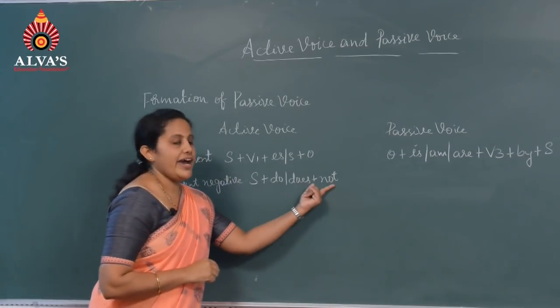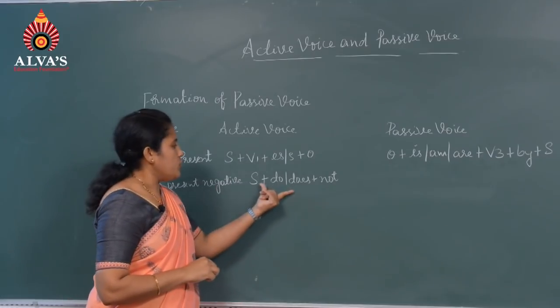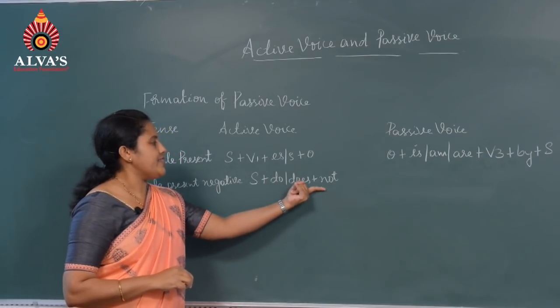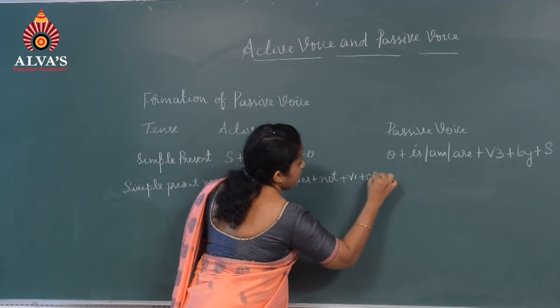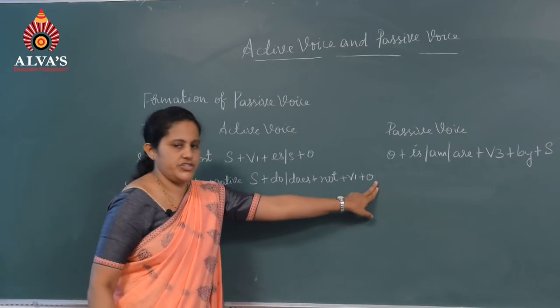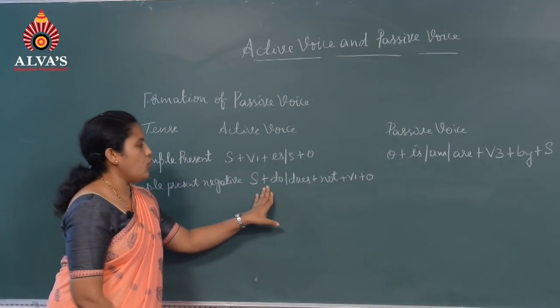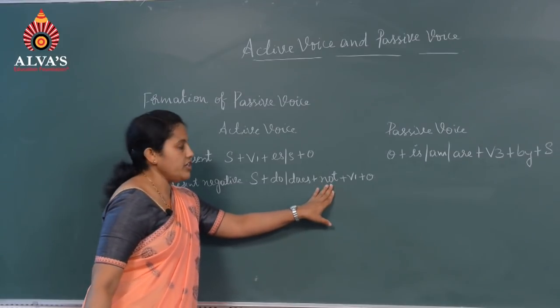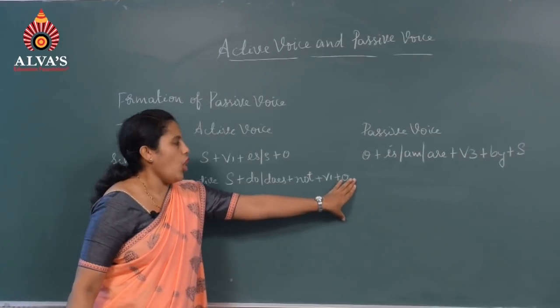Here we have to add not, because this is a negative sentence. So, do or does plus not plus V1 plus object. O means object here. So, this is active voice: subject plus do or does plus not plus V1, the first form of the verb, plus object.